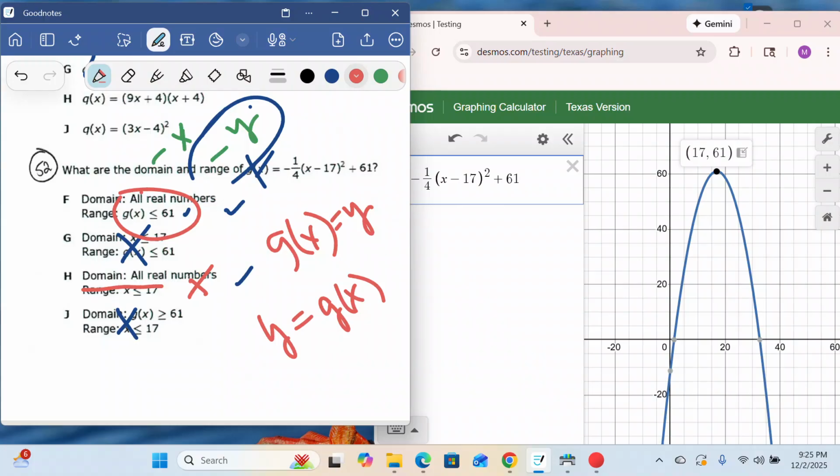Well, that's my vertex. That's my maximum, 61, and all numbers below 61. That is correct. And the answer is letter F. I apologize for the first one. That was incorrect. But now I got the correct one. So the answer is letter F. Domain is all real numbers. And g of x is another fancy word of saying y.